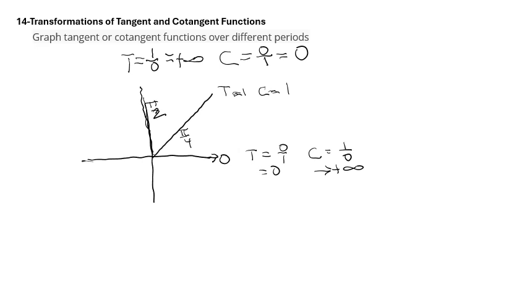It also helps to know pi. For pi, we know that for cotangent, we have a vertical asymptote. At 3 pi over 2, which is minus pi over 2, the reason I'm using minus pi over 2 is because of that primary cycle.